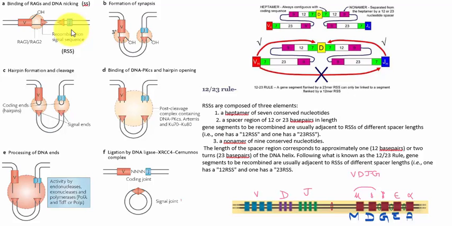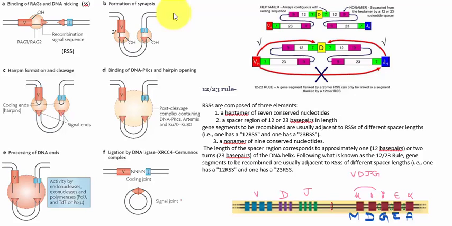So first the recombination signal sequence binds to the genes, and then the RAG1 and RAG2 protein complex binds to the RSS. Okay, then the next step is the formation of synapses.